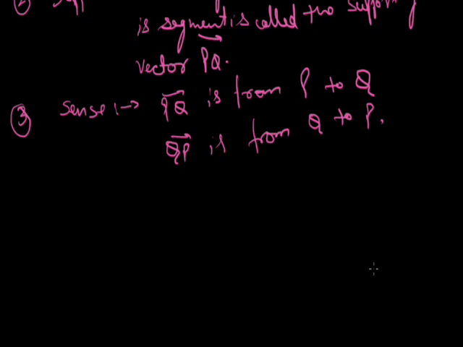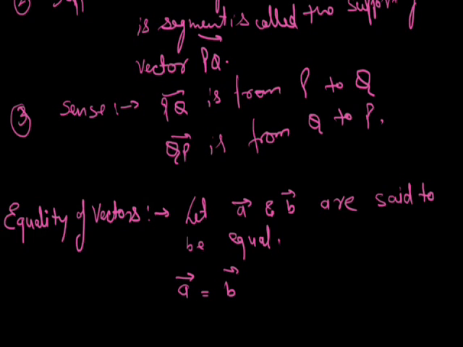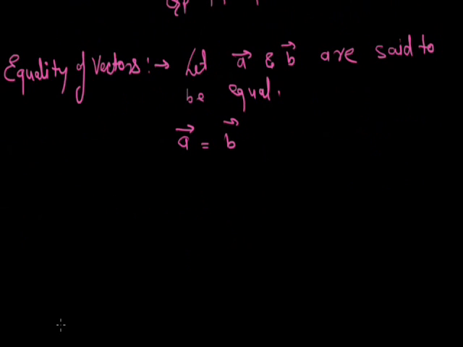The next point is equality of vectors. Let vector A and vector B be said to be equal, written as A vector equals B vector. How can we say that two vectors are equal?